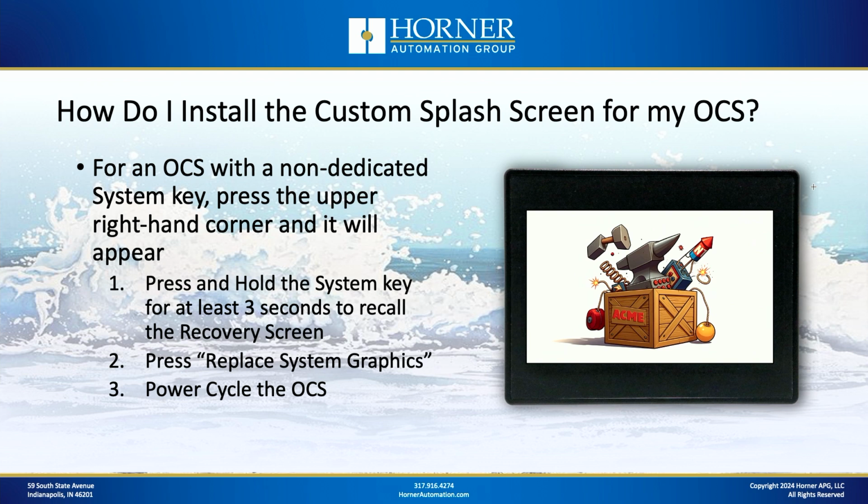Now, if you have a unit like we've shown on the screen here that doesn't have a dedicated system key, which is most of them these days, you'll need to press in the upper right-hand corner until all the function keys and the system key slide out. Then press and hold that system button for at least 3 seconds, and you'll see that system recovery menu pop up. And there'll be an option on there to replace system graphics, and that's what you're going to use.